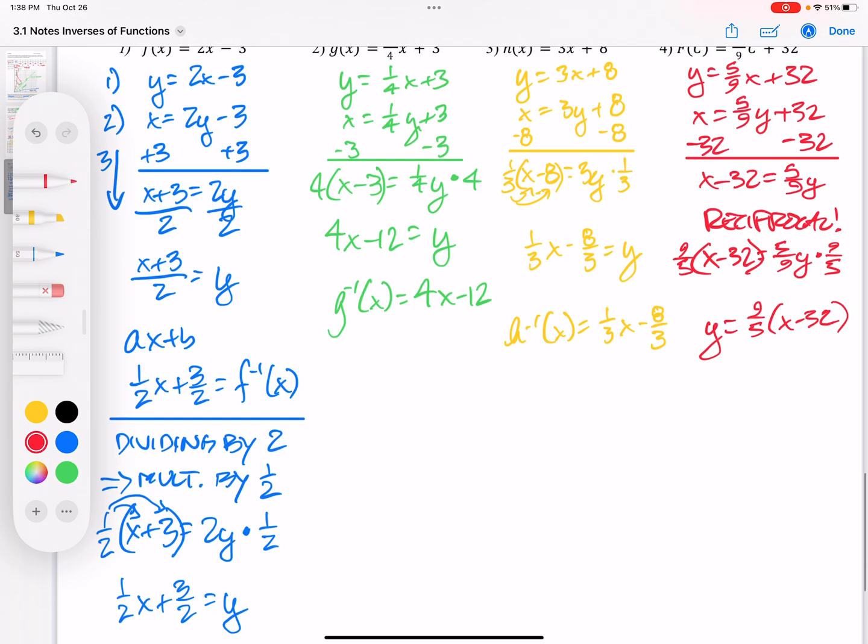Or Celsius as a function of Fahrenheit equals 9 over 5 times F minus 32. There we go. That's usually the way we look at it. You could also say 9 over 5 F minus 288 over 5, but that fraction's pretty cumbersome.